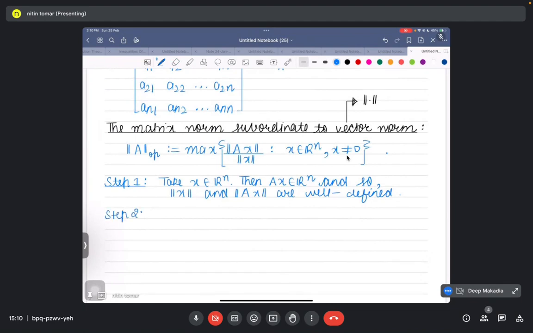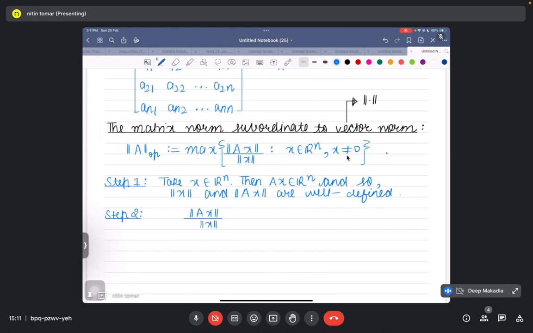Now, step 2, you divide norm Ax by norm x. Is this well defined? When you're dividing two numbers, just tell me first of all, this norm Ax, is it a real number?